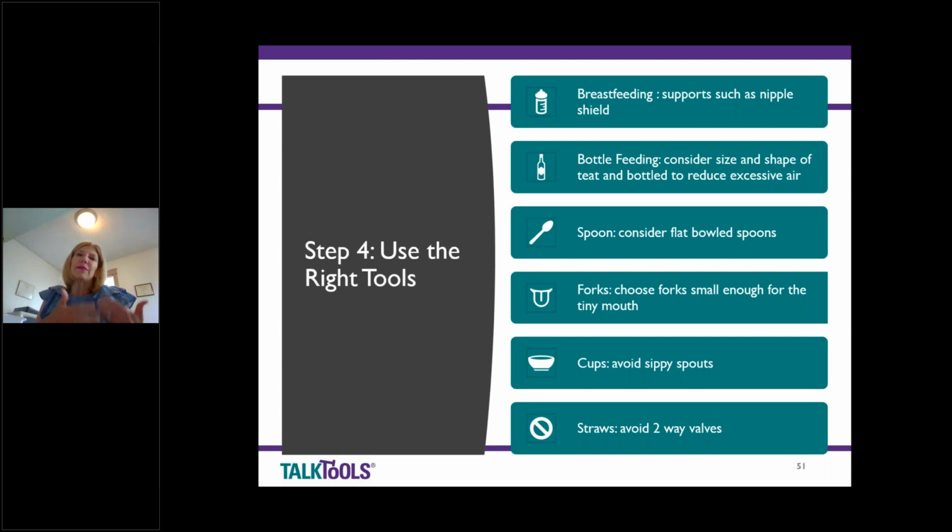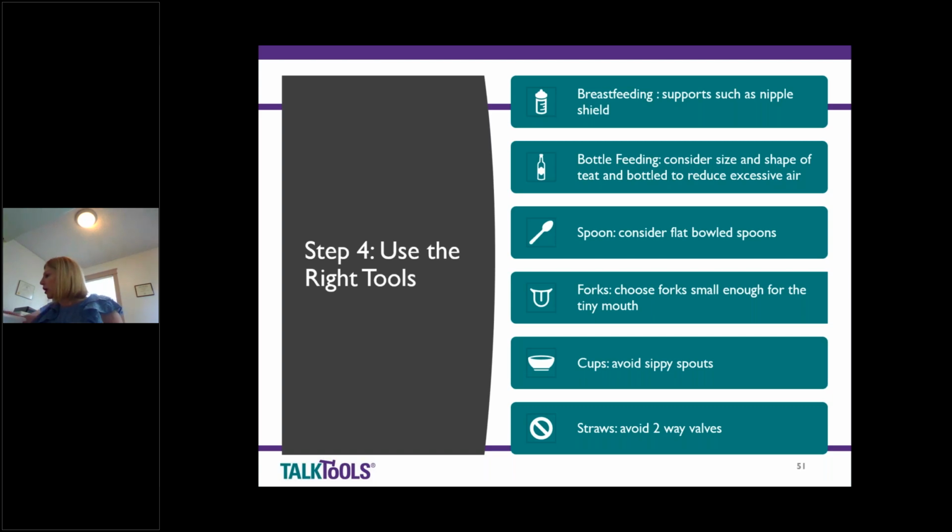Well, you have to examine the mother's breast and nipple to know if that's like mom's breast, because women have all different size and shape nipples. So that would be very important if mom is going back and forth between breast and bottle.